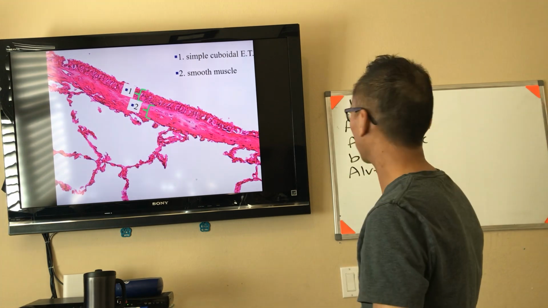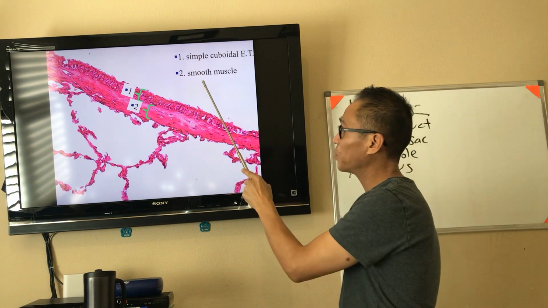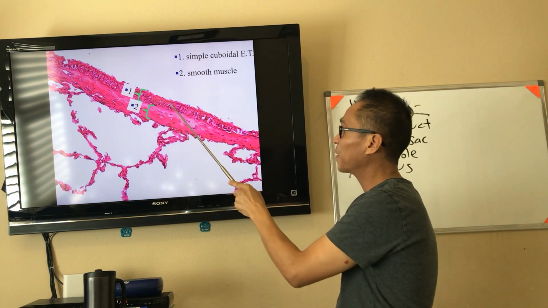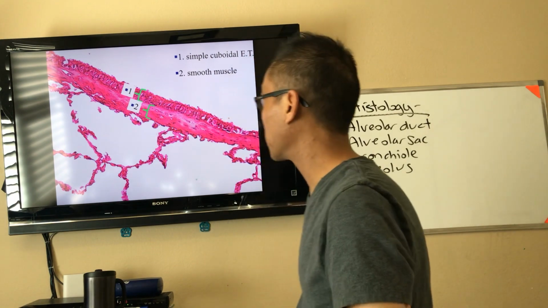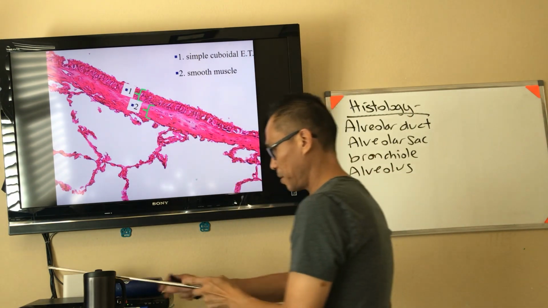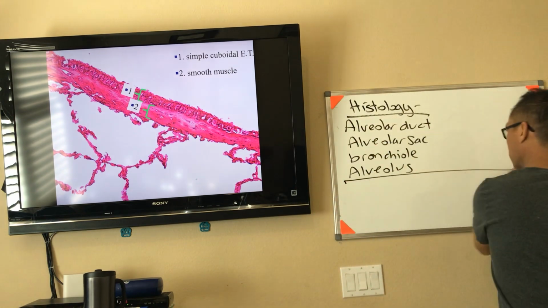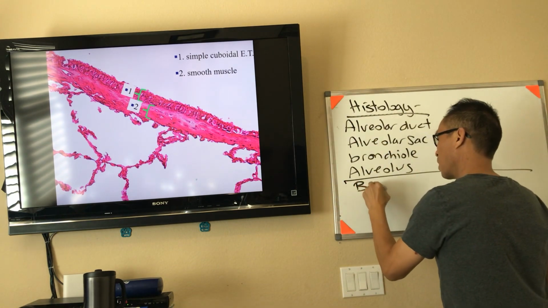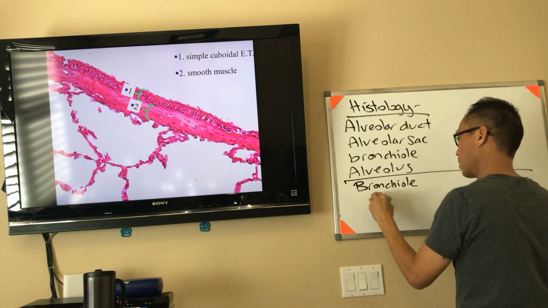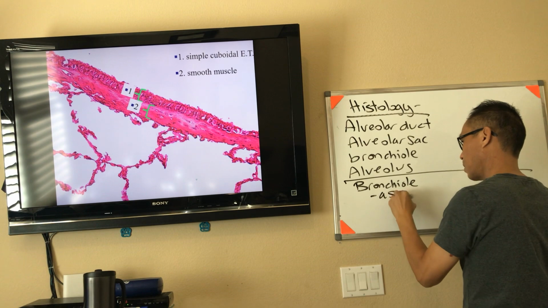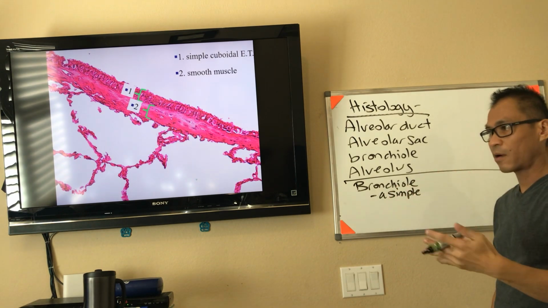And so for the bronchiole slide here, I labeled number 1, number 2. Number 1 is the epithelium of a bronchiole. It's not a pseudostratified columnar like it was in the trachea.